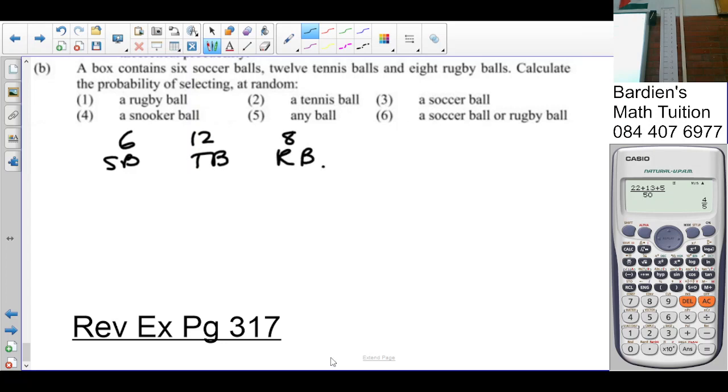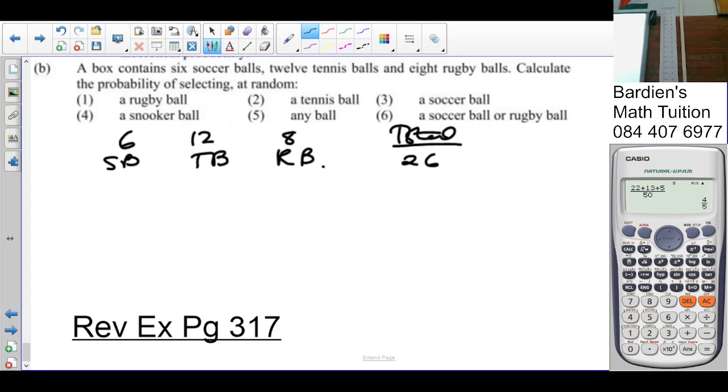Calculate the probability of selecting at random a rugby ball. So what's your total here? The total is 26. So 12 plus 6 is 18, plus 8 is 26. So the number of possible balls to draw from is 26.